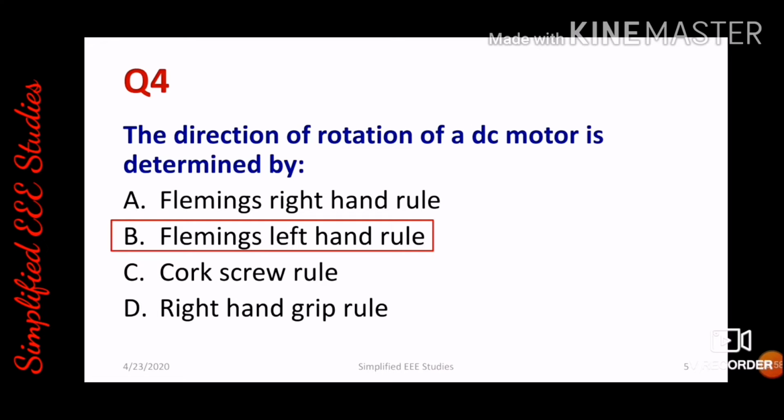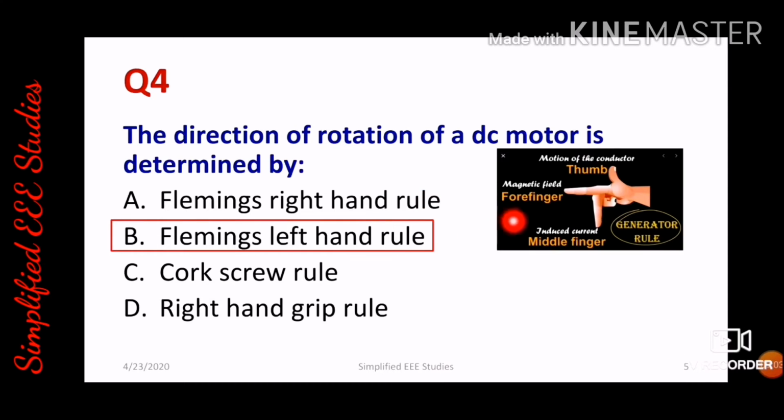Let us compare Fleming's right hand rule and Fleming's left hand rule. As you can see in the diagram, Fleming's right hand rule is concerned with the generator. You can call Fleming's right hand rule the generator rule. Here, you have to keep your thumb, index finger or forefinger, and middle finger perpendicular to each other. Both are mutually perpendicular.